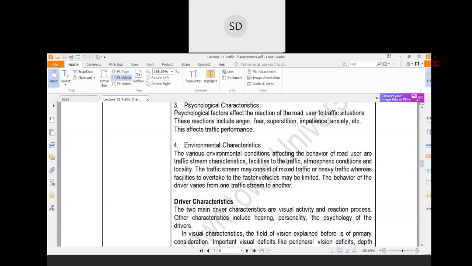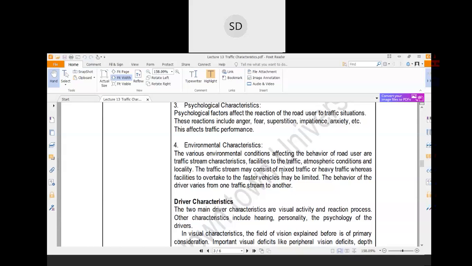Now, coming to the next portion, that is environmental characteristics. In the environmental characteristics, various environmental conditions will affect the behavior characteristics of the road users. Suppose if it is too hot, the road users may feel frustrated.